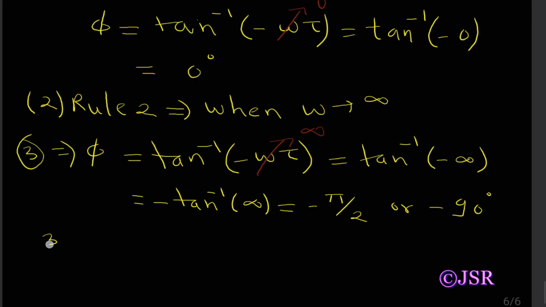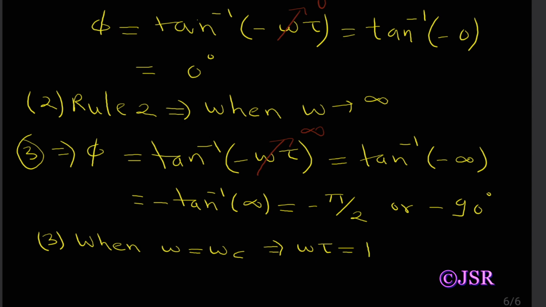So applying rule number 3 at the corner frequency, when omega equal to omega c, in that case omega tau equal to 1.